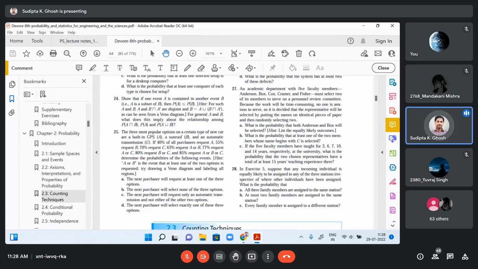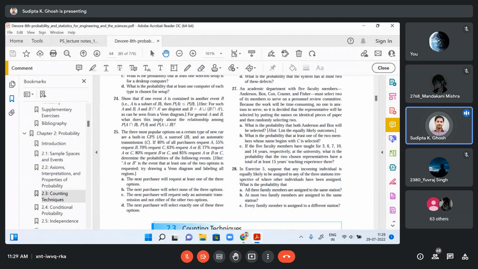Suppose in one car there is a GPS system, in one car there is a sunroof system, that means the top sunroof, and in one car an automatic transmission system. So there are three things they are talking about: the GPS system, the sunroof system, and the automatic transmission system.